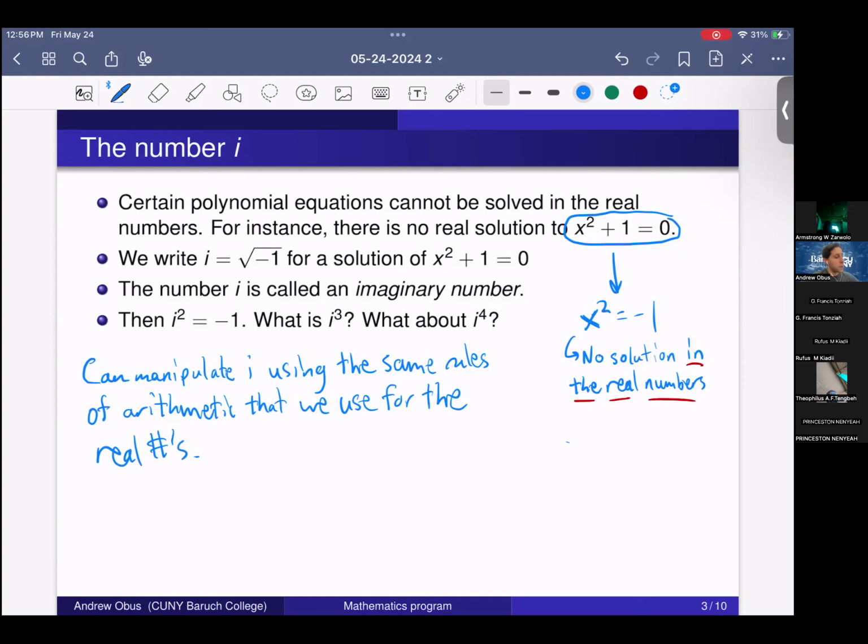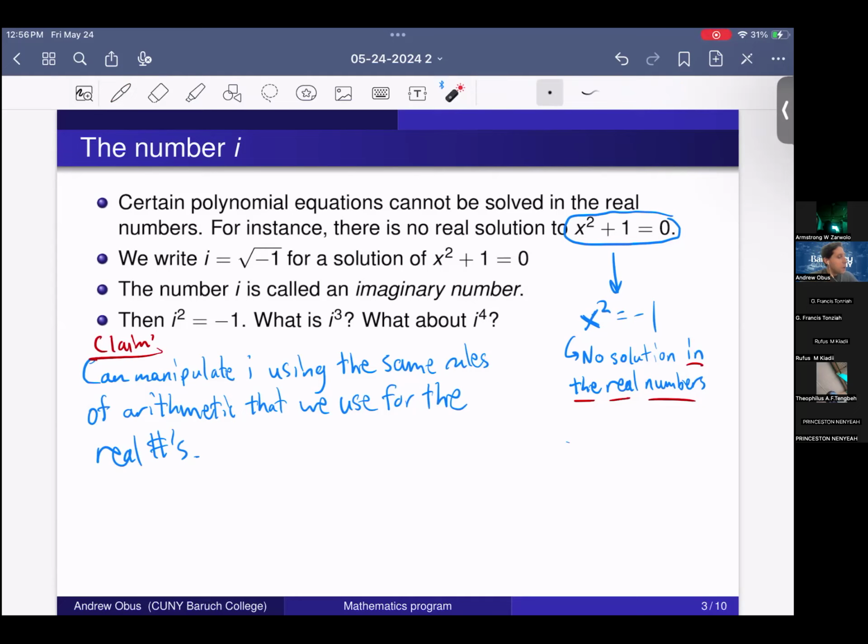What do I mean by the same rules of arithmetic? I mean things like the commutative law, the associative law, the distributive law, how parentheses work, how plus and minus and times and divided by work, and how exponents work.